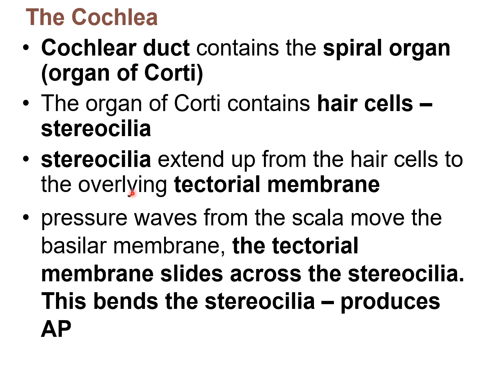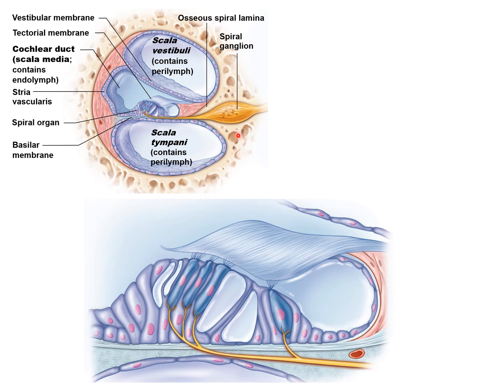So let's go to a picture again to just explain that organ of Corti, the receptor for hearing, in a little more detail. So now we're looking at a cross-section of the cochlea, and you can see those scalae on either side of what we see here, the cochlear duct. So what's inside the cochlear duct? This structure right here, that's the organ of Corti. So we're going to take this structure right here and enlarge it.